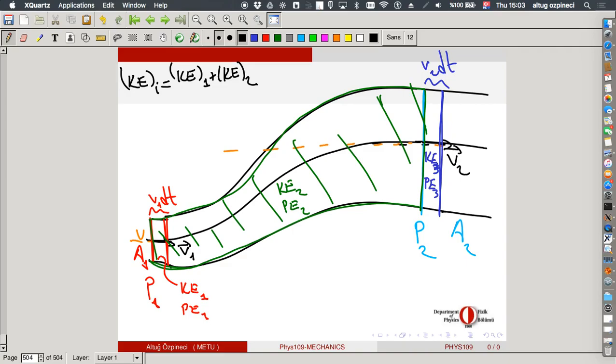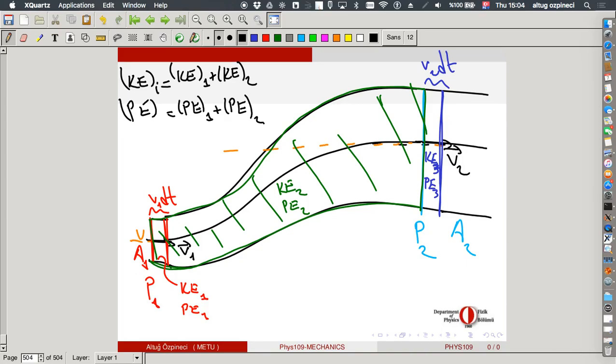Because initially, the liquid that I am considering is in this volume over here, this one plus this one. And the initial potential energy is potential energy 1 plus potential energy stored in region 2.